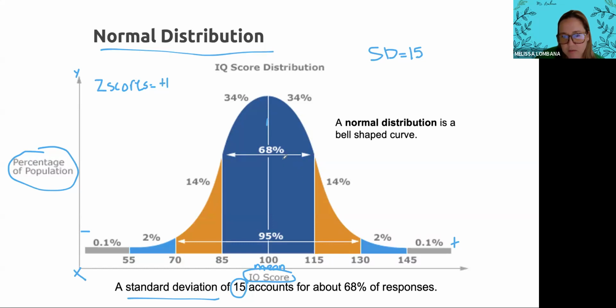My score is going to be somewhere here in the +1 z-score. So for the +1 z-score, the scores will be from 100 through 115, and write that down. If I put a z-score of -1, if this is my mean, I just move over here. Because it's negative, this is going to be 85 to 100.